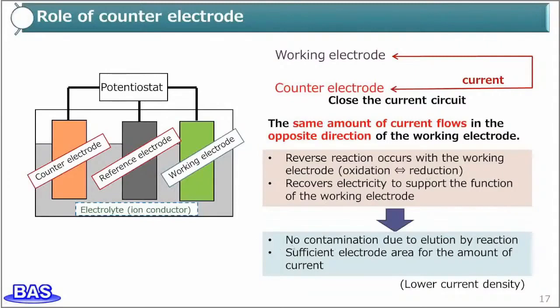There are two requirements for the counter electrode. It must not react and cause contamination, and it must have a large enough electrode surface area to allow the current to flow.